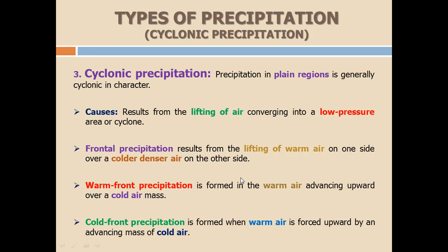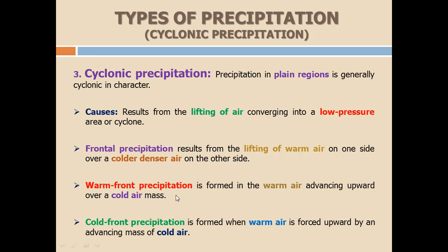If we have colder, denser air and warm air, the boundary between these two air masses is known as a front, as already discussed in lecture 2. With the interaction of these two different air masses, the warm air always rises upward.